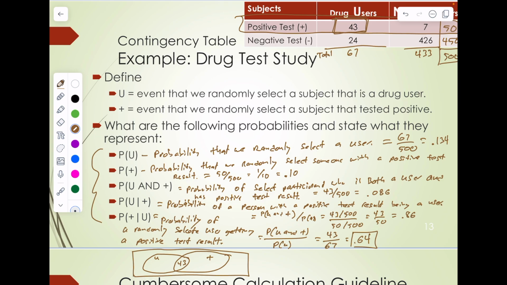Users that did not get a positive test result is 24. People that got a positive test result but was not a user is 7. And then everybody else, people who are in neither of these, that's going to be 426. And if I add these all together, I get 500. Great. And so I could have used this to find my probabilities.